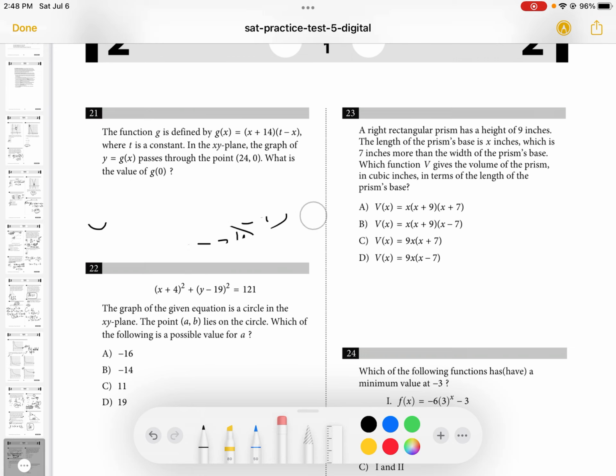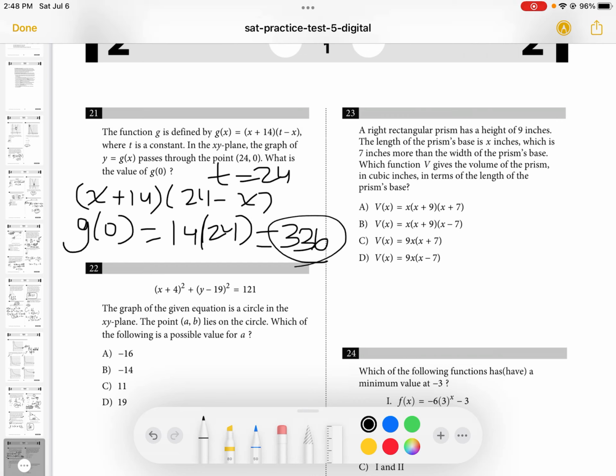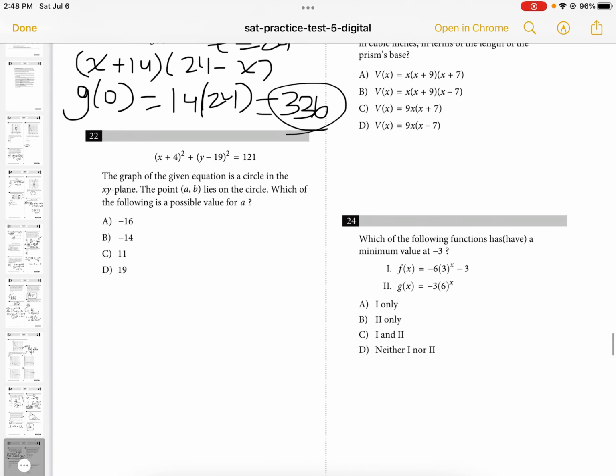So we know t is 24. So g of x is equal to x plus 14 times 24 minus x. So g of 0 is just equal to 14 times 24, which is 336. That's our answer, okay.